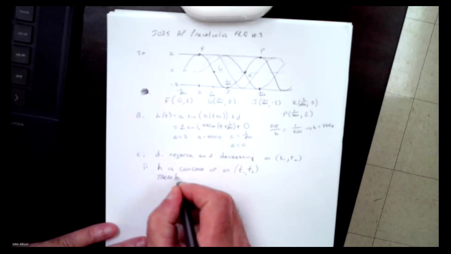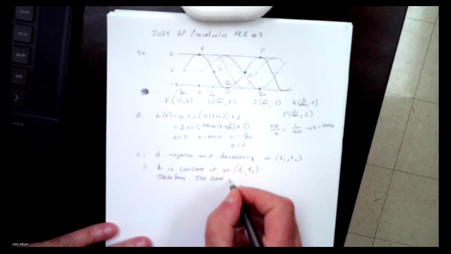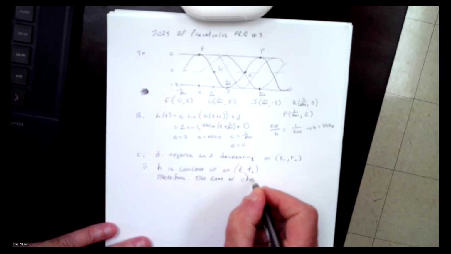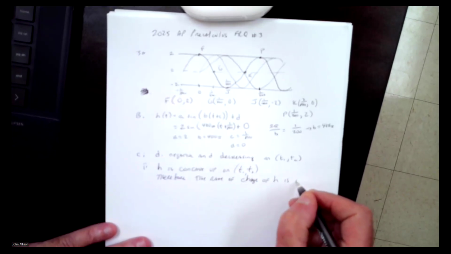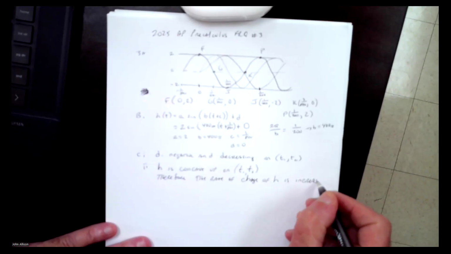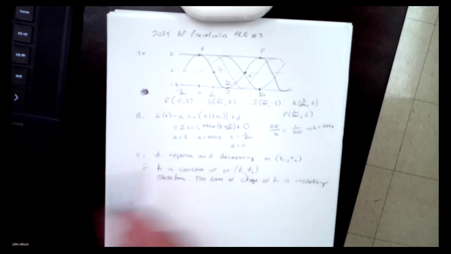Therefore, the rate of change of H is increasing. And that pretty much does it for question number 3. Not too bad. Some fun numbers to work with up here on the A, B, C, and D, but not too bad. We'll get this one uploaded and do problem number 4.